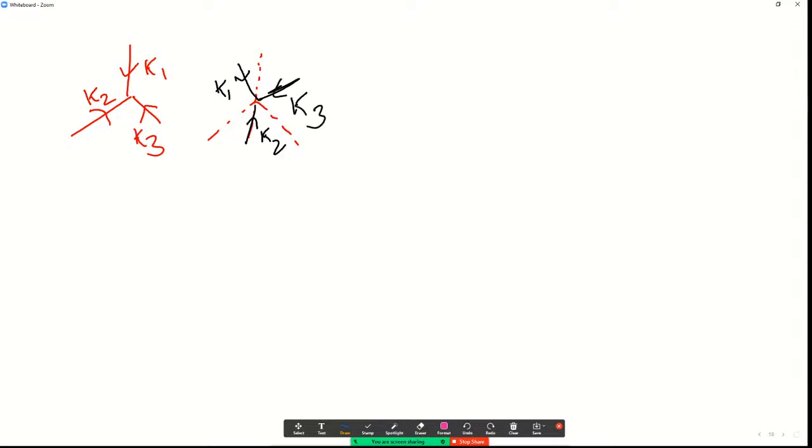So the difference would be, we can make a parallelogram, and the difference would be like this. No, like this, sorry. And for this, it would be this.